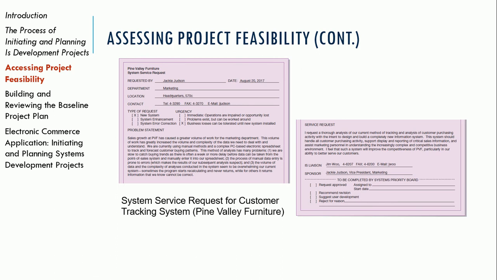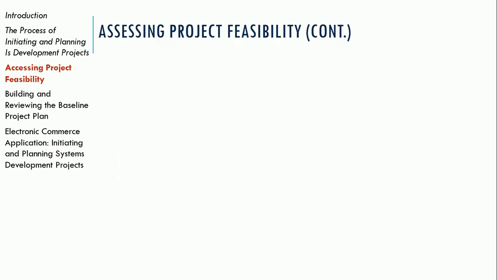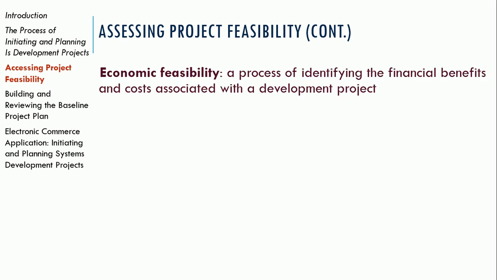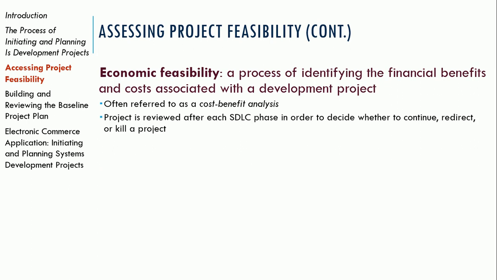So in the financial feasibility analysis, we are going to try to determine if or which of our alternatives is the most financially feasible. So an economic feasibility is the process of identifying the financial benefits and costs that are associated with the development project. So this may also be called a cost-benefit analysis, or somebody might use something about return on investment, which I'm going to talk about that term later on.